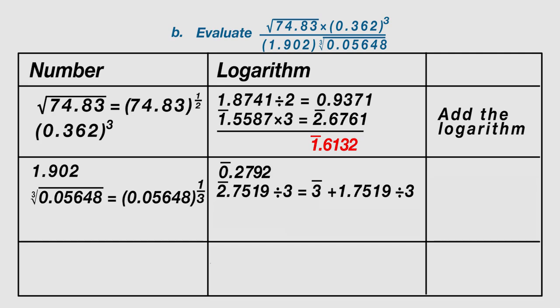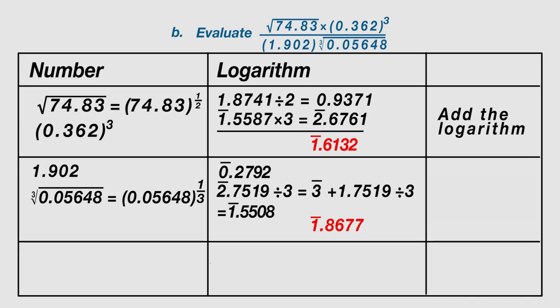Divided by 3. And that gives us 1.5508. Now, the next thing we are going to do is to add the log of the two numbers in the denominator. And that gives us 1.867. We haven't finished yet.